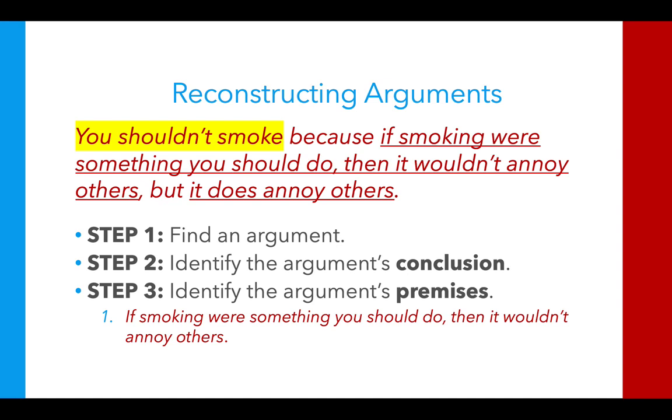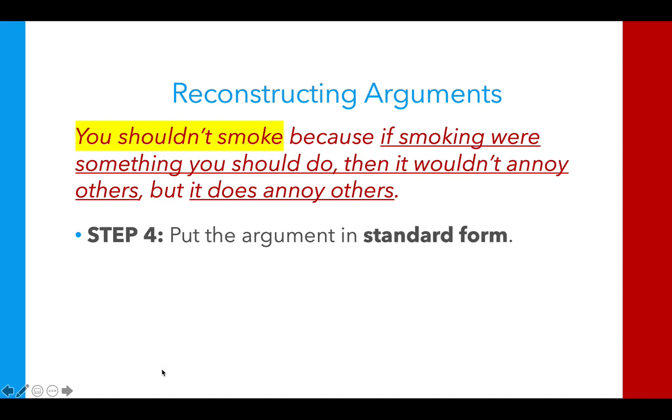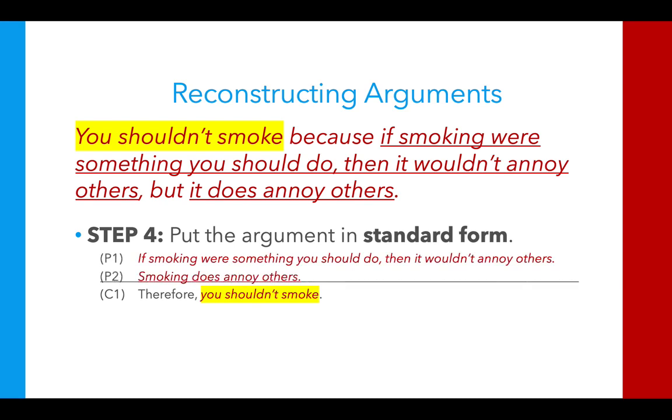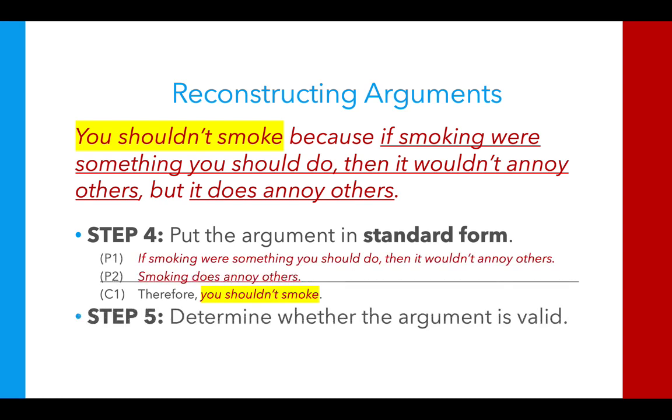So that's what we did. If smoking were something you should do, then it wouldn't annoy others. But smoking does annoy others. And I get that from it does annoy others. What's it? Smoking. Okay. So we've gotten all the pieces. We just need to put them into standard form. We've done that. Step 5, is this argument valid? Well, now I need to symbolize.